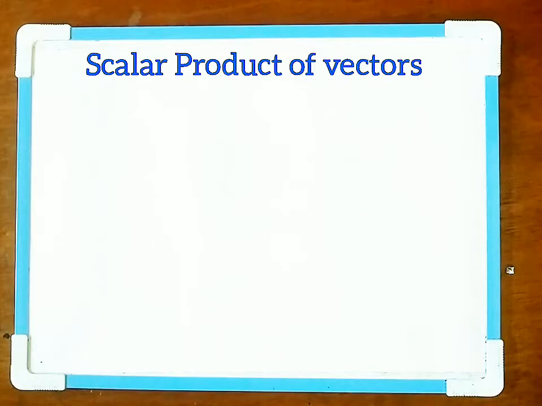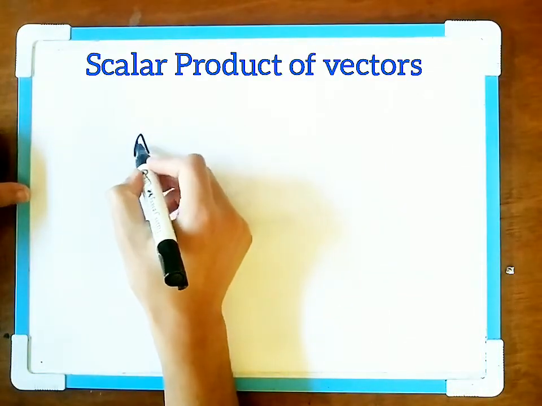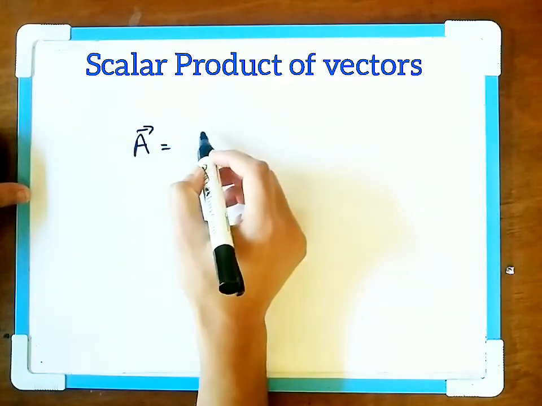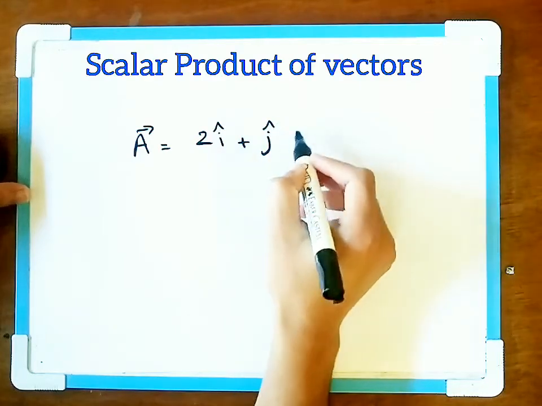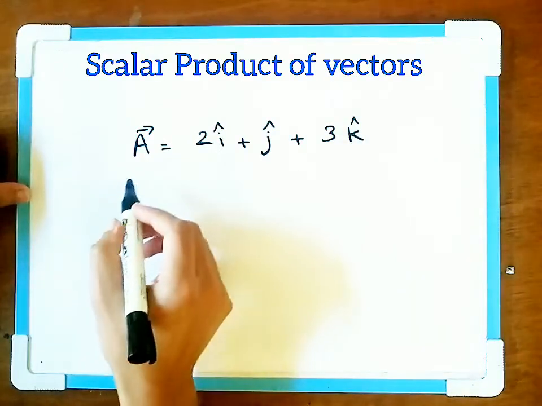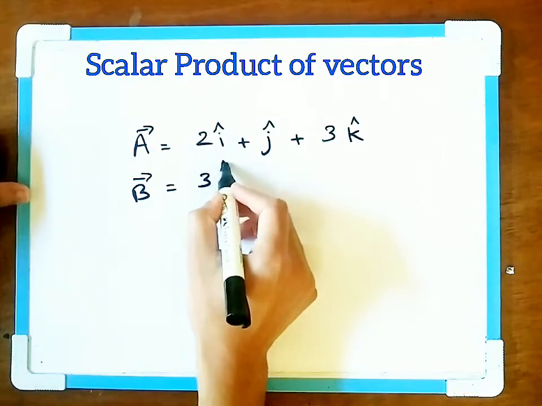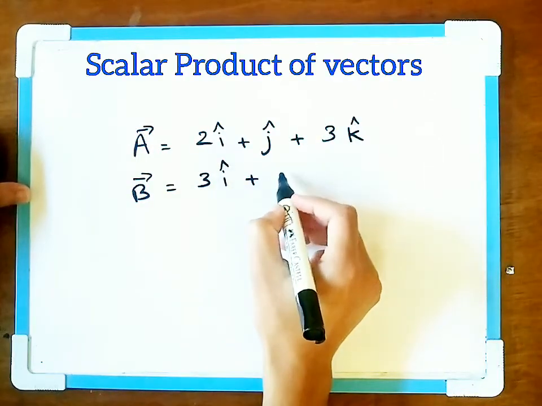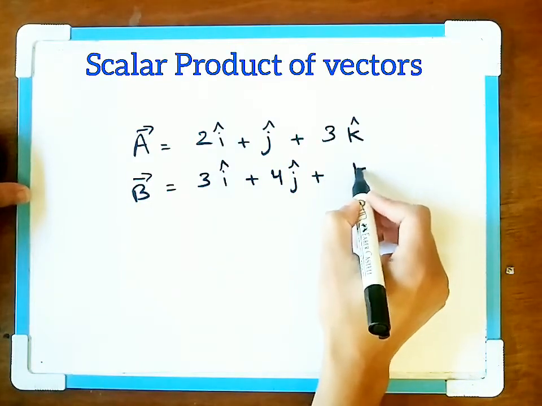Now let us consider two vectors represented in terms of their rectangular components. Suppose we have a vector equal to 2i cap plus j cap plus 3k cap, and the b vector say is equal to 3i cap plus 4j cap plus k cap.